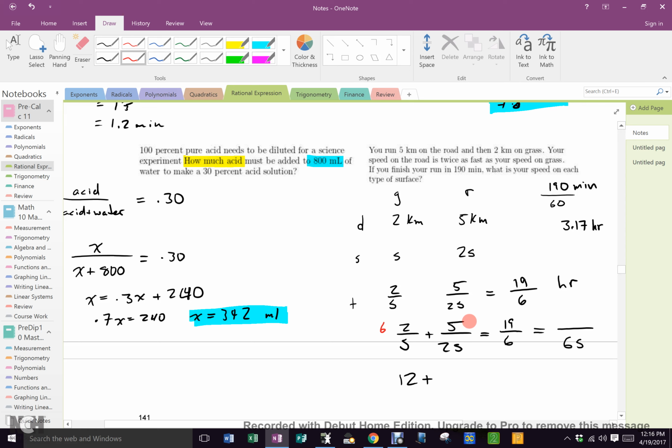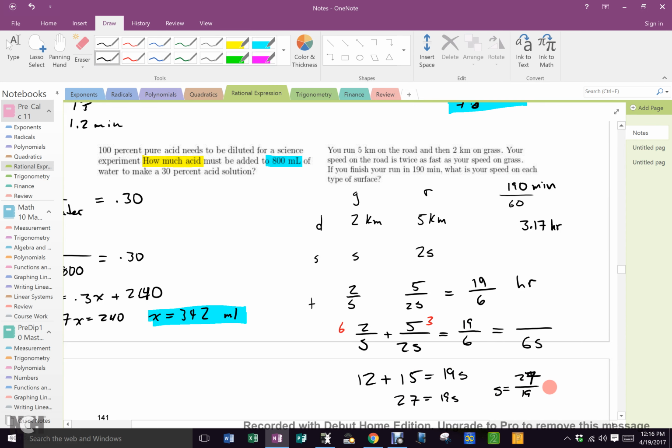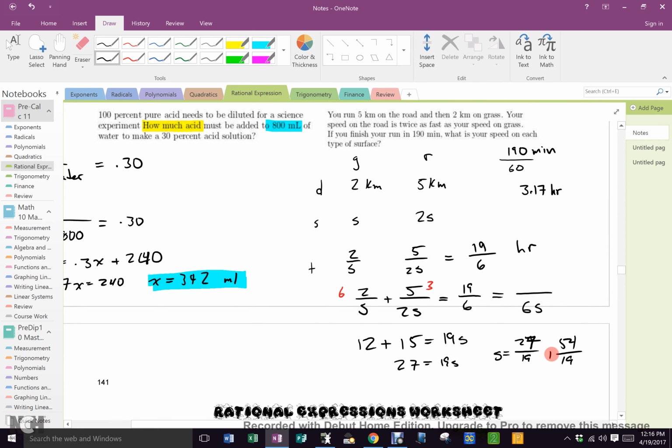This has 2s, so it needs a 3. This has the 6, so it needs an s. So 27 equals 19s. S equals 27 over 19. And then double that, 54 over 19. And if you went with a calculator, it's 1.42 and 2.84.